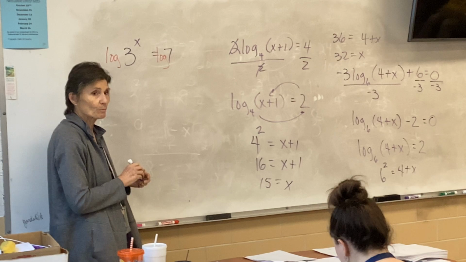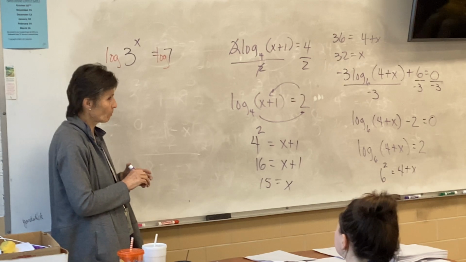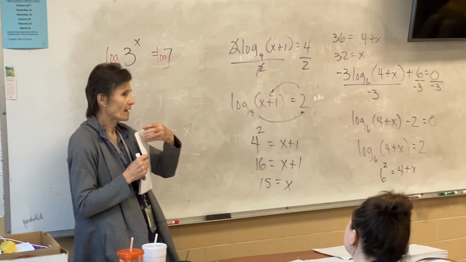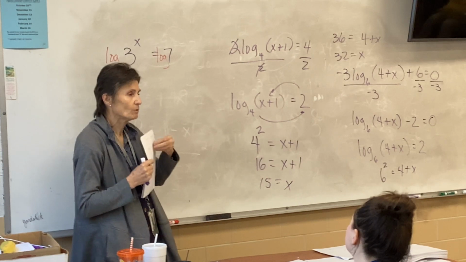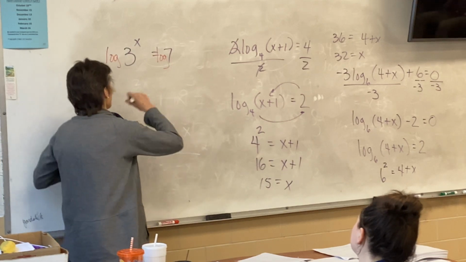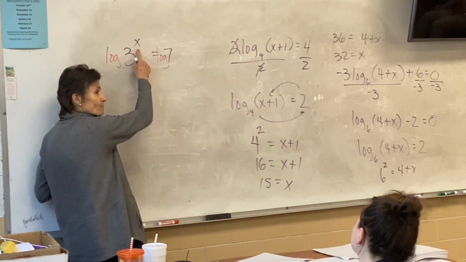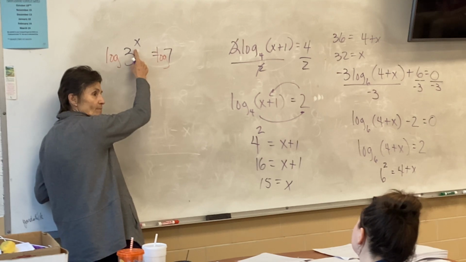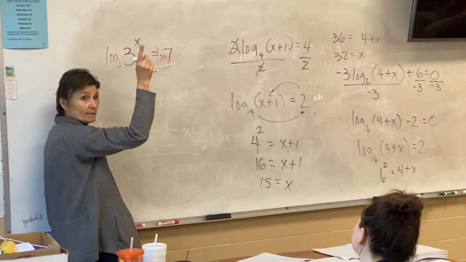And then I'm going to remember one of my properties. Last time we were together, or maybe it was the time before, I had you write down 3 properties of logarithms. And one of those properties tells me what I can do with an exponent. Who remembers what I can do with an exponent? Put it up front. Put it out in front.